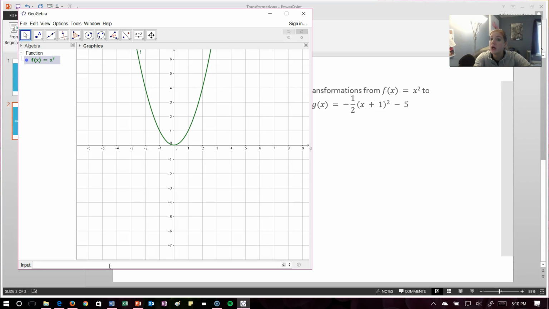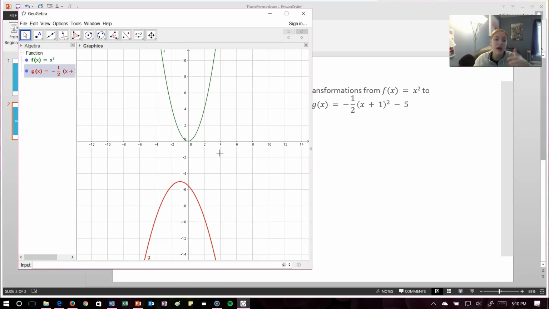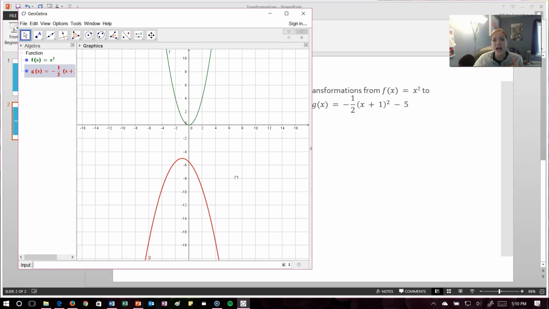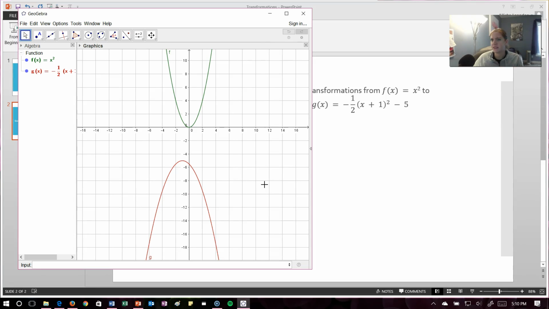That original quadratic is in green, and then I'm going to type in g of x equals -1/2 times (x plus 1) squared minus 5. And then I'm going to hit enter. And notice it does give it 2 different colors, which is super nice. I'm going to zoom out a little bit so I can look at the differences here.